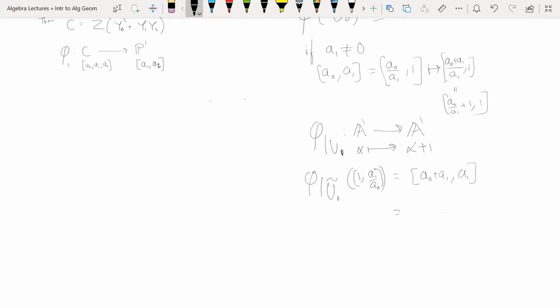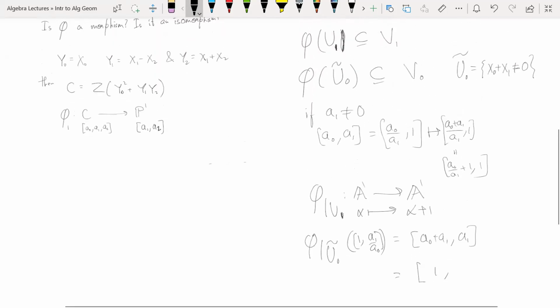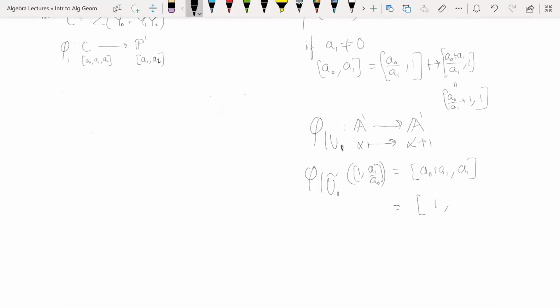So this point is also the same as 1 comma, so I really want to think of it as a point on V1. So this point is the same as A1 over A0 plus A1, and this point is 1, so now it is a point in V1.